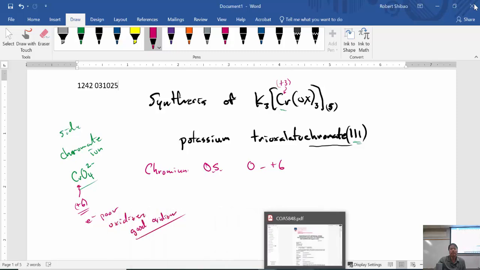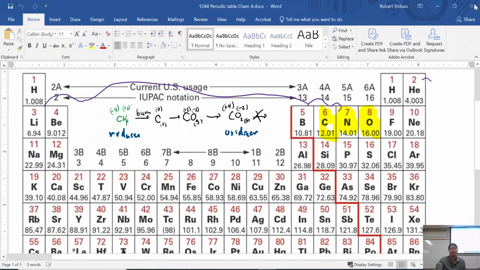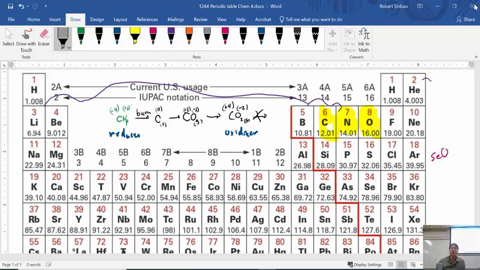Whereas, you know, some other things in the +6 might not be as good of an oxidizer. So for example, if we had selenium in the +6 oxidation state, it's probably not as good of an oxidizer. We'd have selenium in the +6 oxidation state in selenate ion, which is SeO4 2-.